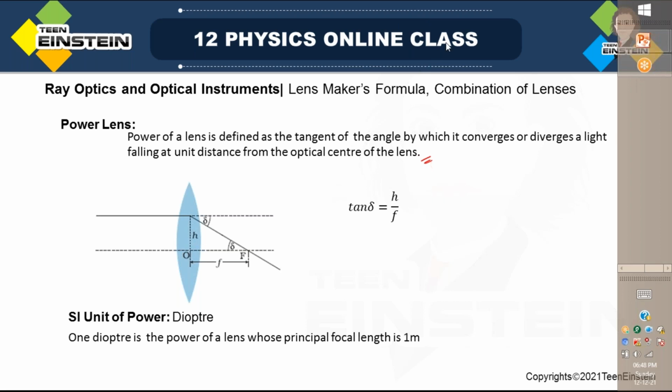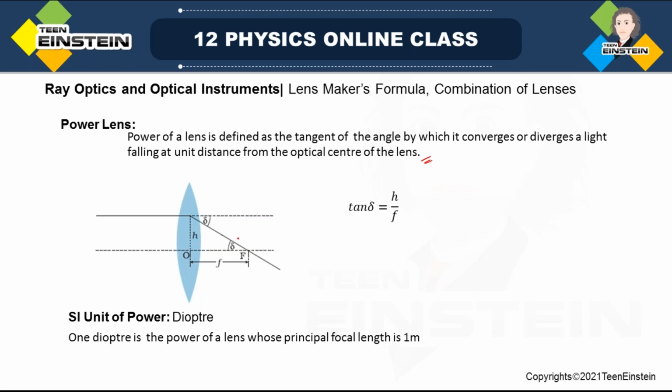So the ray can be converged or diverged by the lens, and at what distance it will be converged or diverged, that depends on the power.